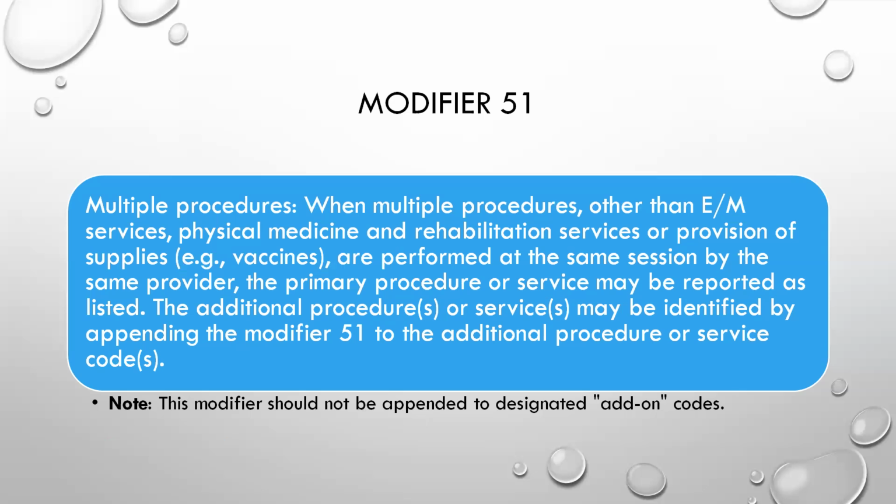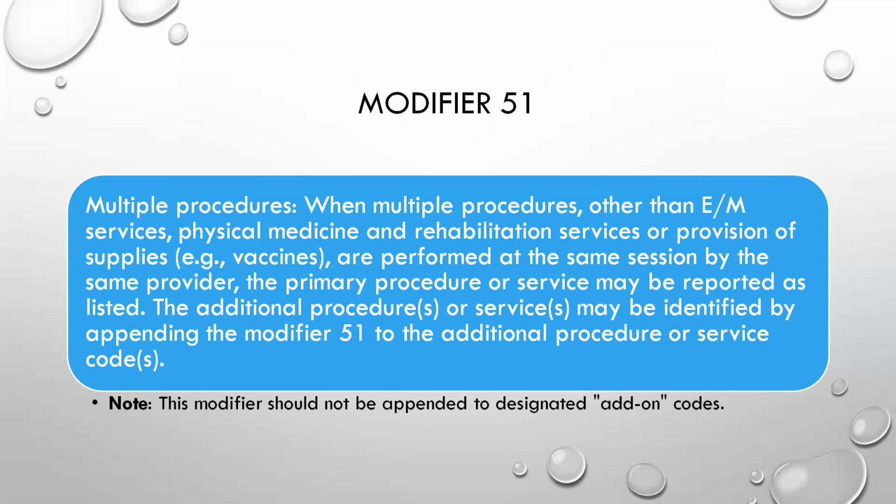There are some procedures that don't require a 51, specifically add-on codes. So if you're familiar with your CPT book, you'll know that you'll have the red sign with the slash through it. It's telling you that that service is not applicable to the 51 modifier, and you need to know which procedures you can apply your 51 to and which ones do not need the 51.